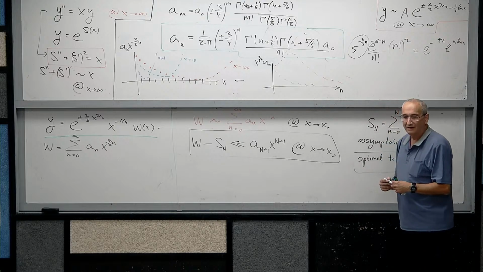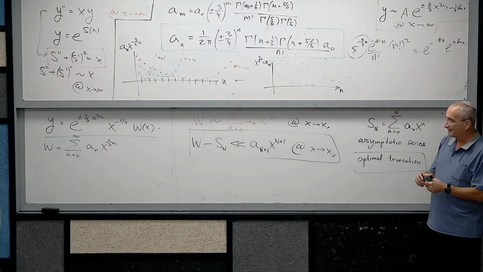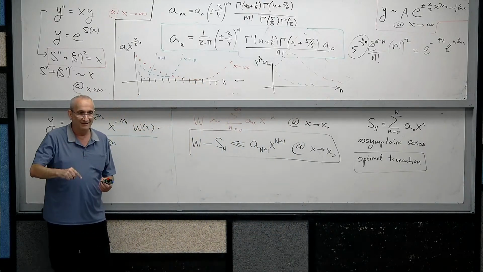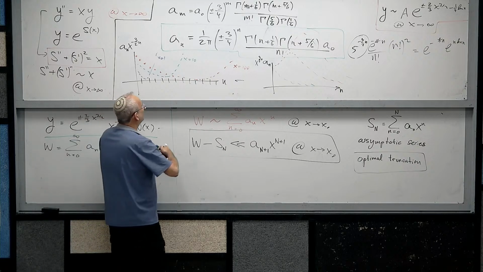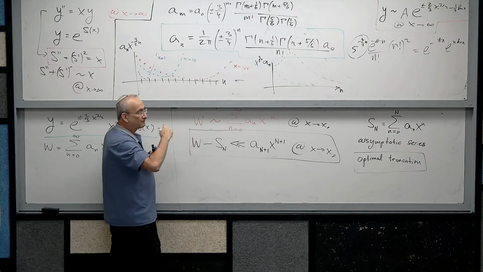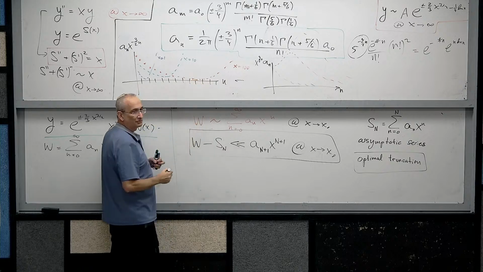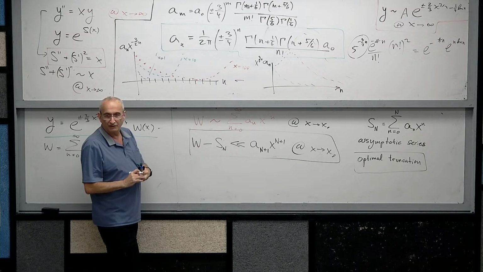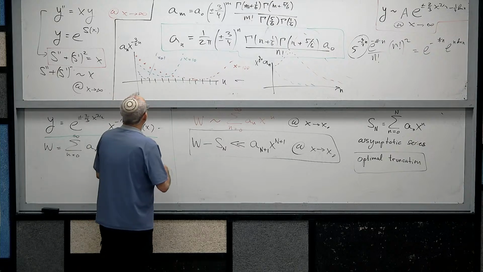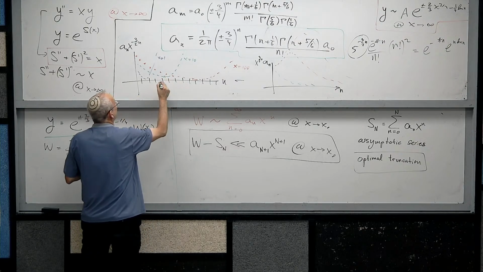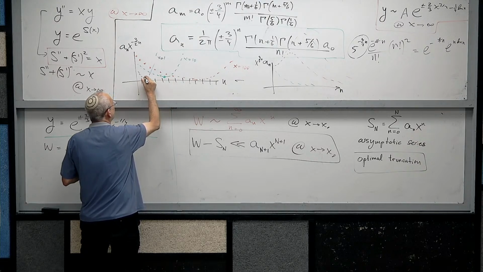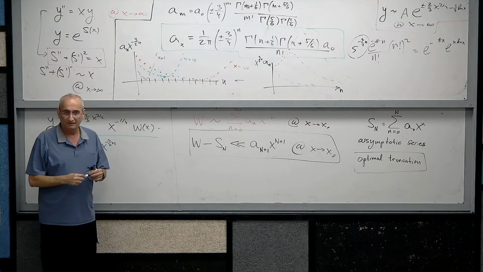That is to say, I'm going with the series until the one before the minimum, right? If the minimum is here, then I want to stop here, to truncate here, and this implies that the distance from the true answer is small. Here I will stop just before here, and here I will stop just before this. That's an optimal truncation.